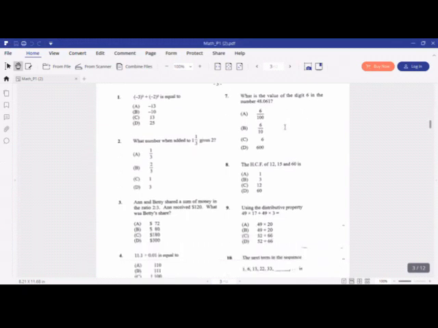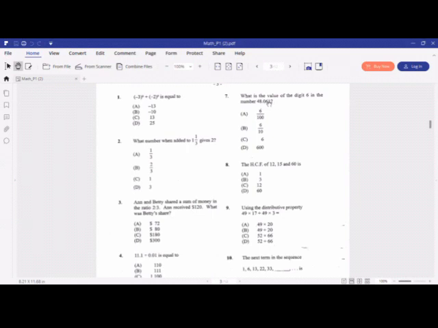Now it says, what is the value of the 6 in the number 48.061? Now we know digits to the left of the decimal point are multiples of 10. So that means we increase by a power of 10 as we go along. The first place here is 10 to the 0 power, which is ones. We have 10 to the first power.